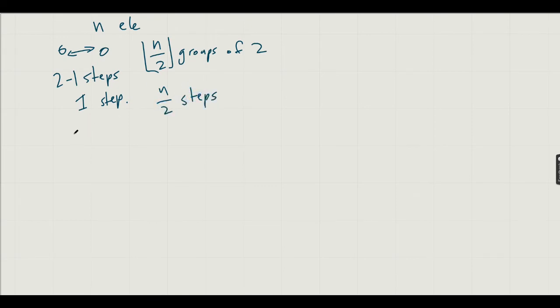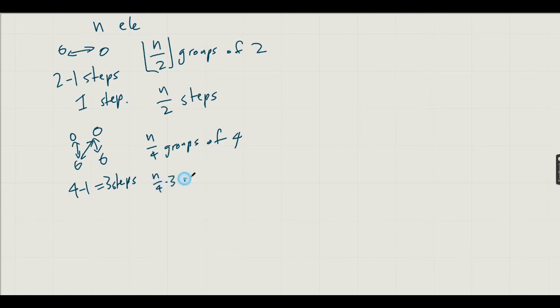And if you're comparing two groups of 2, you compare these two, and you compare these two, and you would have n over 4 groups of 4. The number of steps it would take would be 4 minus 1, which is 3 steps, and that would be n over 4 times 3, which is 3n over 4 steps.